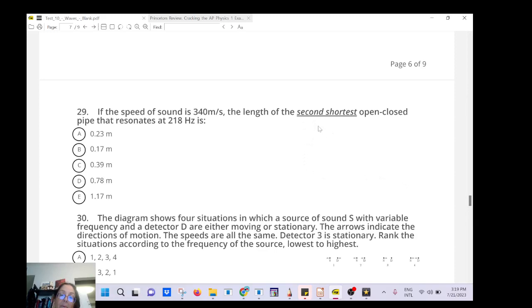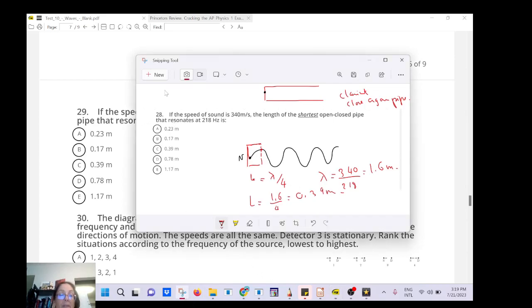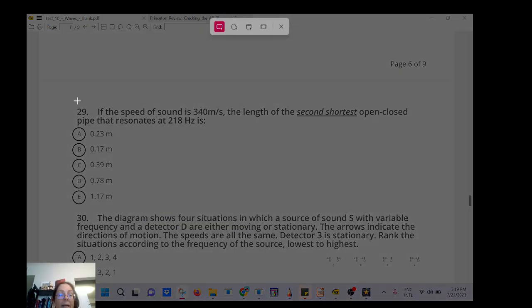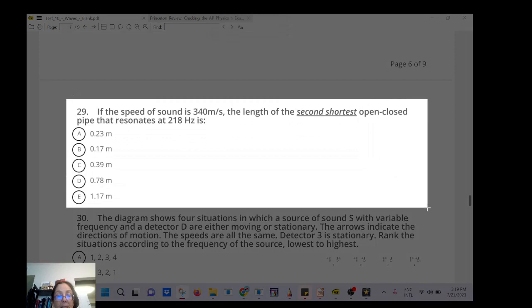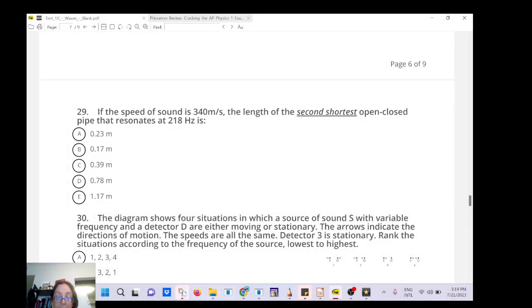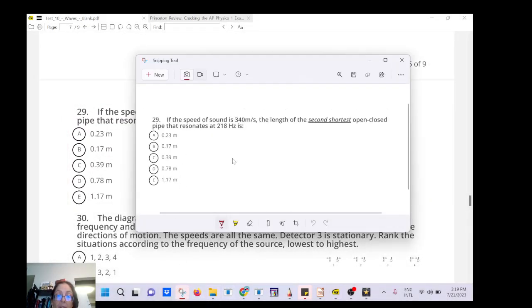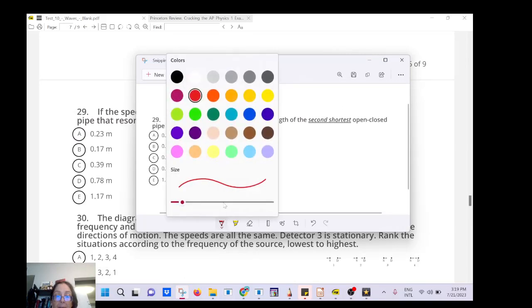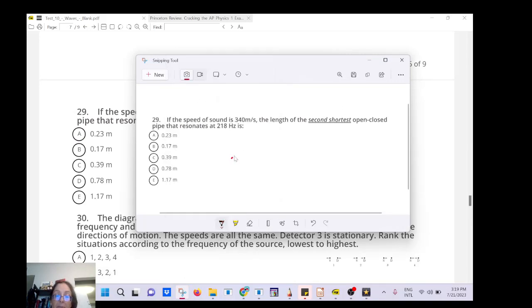Okay, so it's the same question, but now you want the second shortest. So it means a pipe which is a bit longer. You do the same thing. So you have this, so that's your wave.